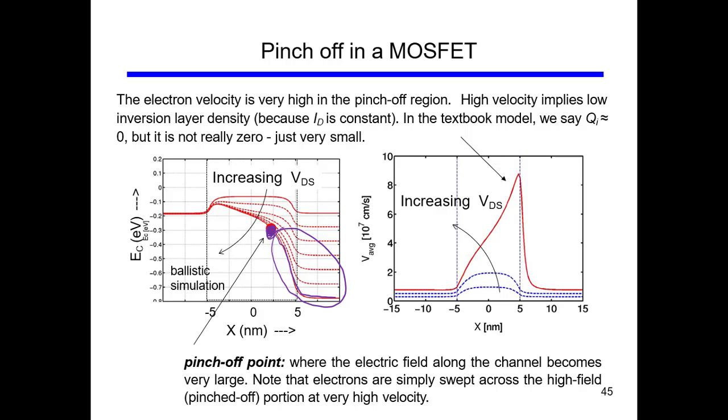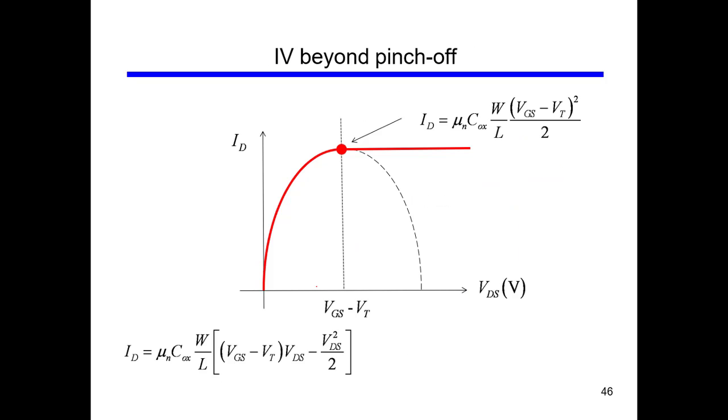If we look at the graph in which there is the dimension x along the channel, and on the other side we have the average velocity, and this is our pinch off point, you see that at the pinch off point the velocity is huge, something like more than 10 raised to the power 8, while in the rest of the channel the velocity is not that large.